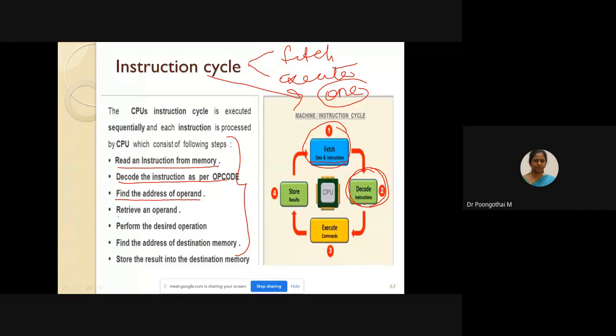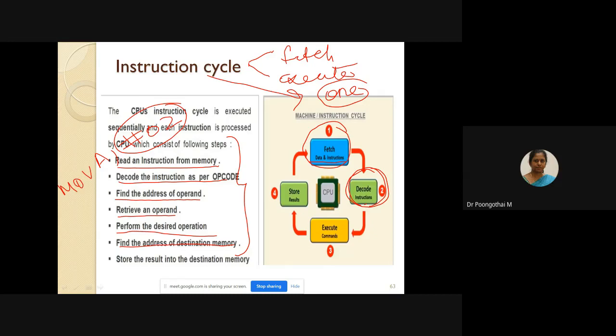So the next one is to retrieve an operand based on your instruction. Suppose MOV A, #02, it means this 02 has to be retrieved. Okay. So first the address of the operand is identified and the operand is retrieved, and then perform the desired operation. It can be an arithmetic operation or logical operation or any branch operation, and find the address of the destination memory.